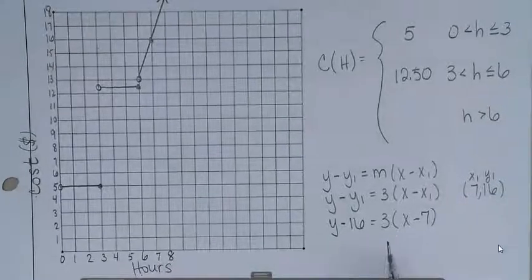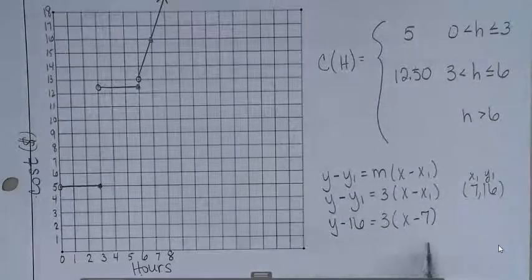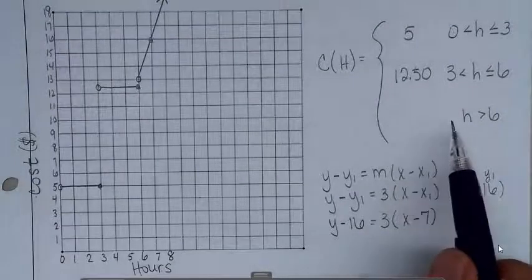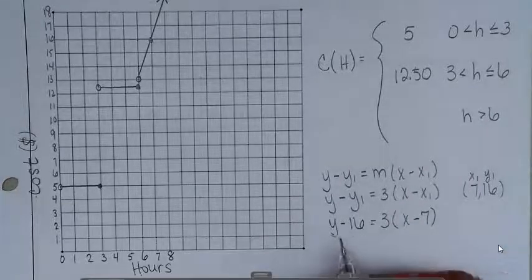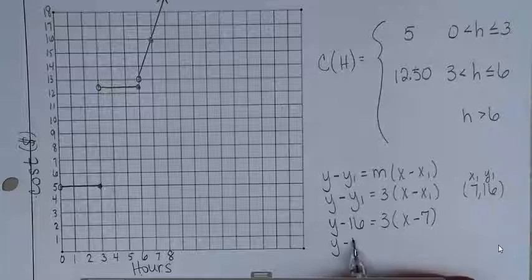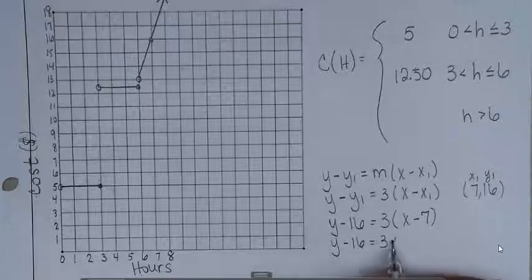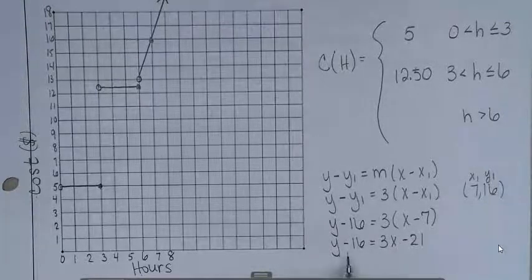And now the problem is I have to get this into y equals something, right? And then I'll put that over here. And I'll use h instead of x as my input. So let's see, we got y minus 16 equals 3x minus 21. Add 16 to both sides.